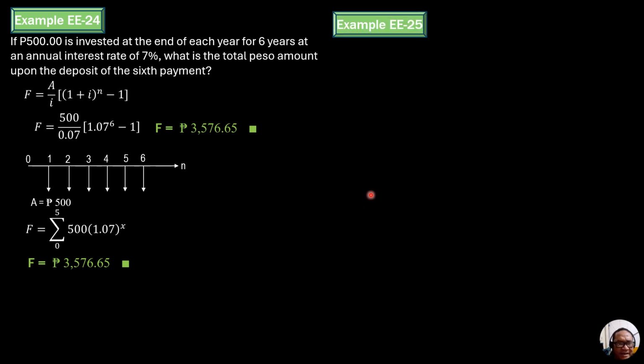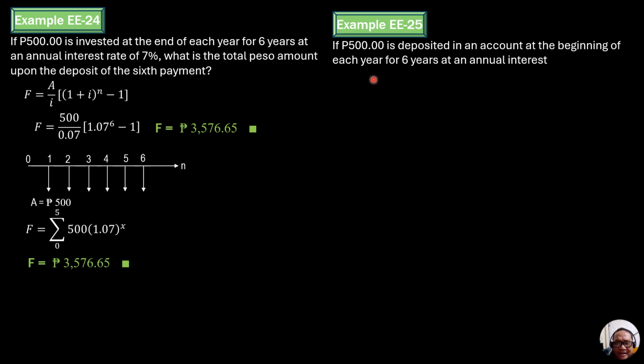3,576.65. Then problem 25. If 500 pesos is deposited in an account at the beginning of each year, so another annuity due, for 6 years at an annual interest rate of 7%, how much can be withdrawn after 6 years?